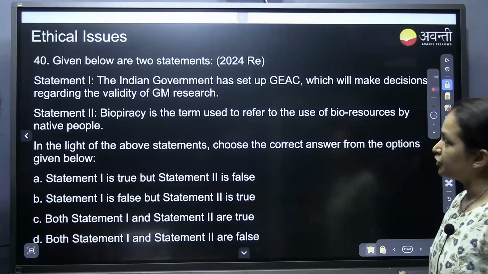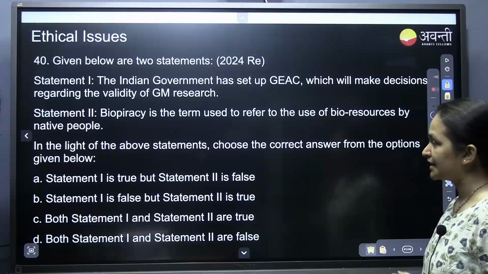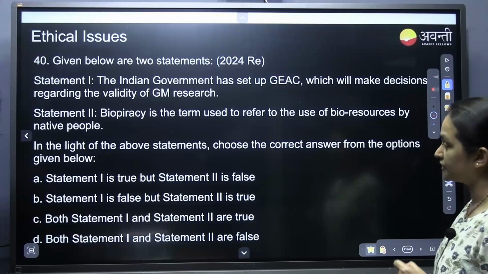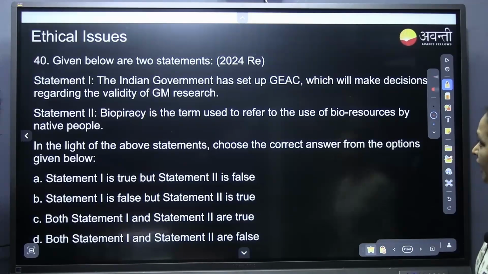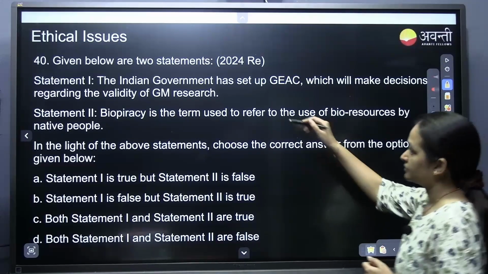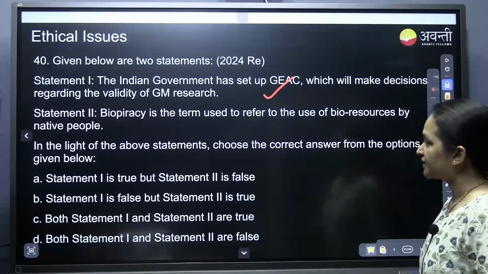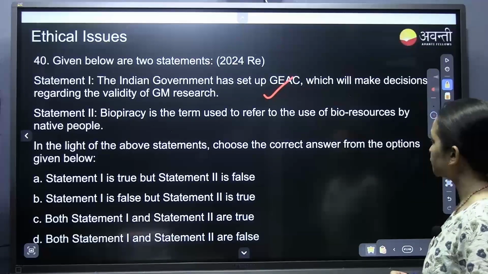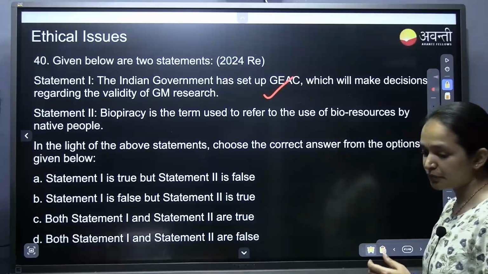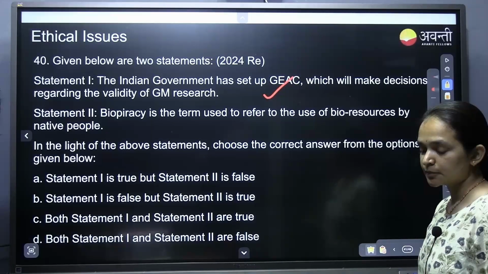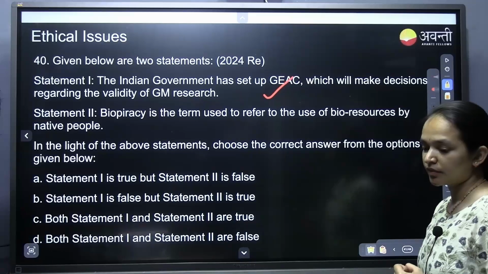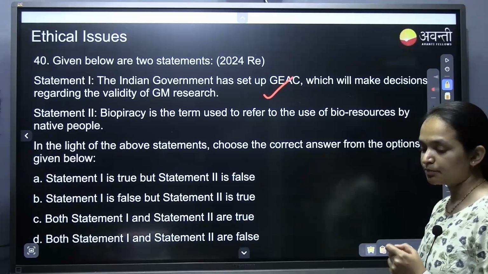Now coming to ethical issues. Given below are two statements. Statement 1, the Indian government has set up GEAC which will make decisions regarding the validity of GM research. Correct. Statement 2, biopiracy is a term used to refer to the use of bioresources by native people. Is it by the native people?